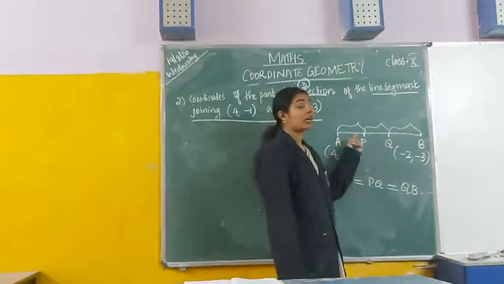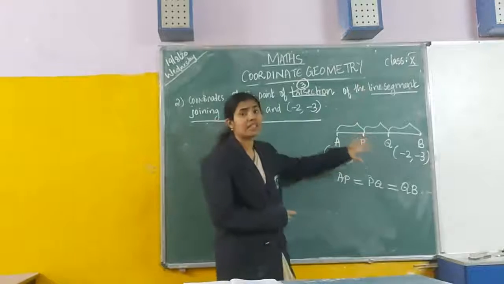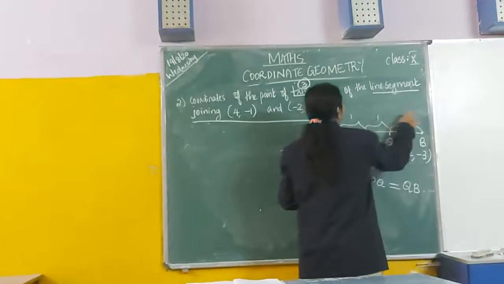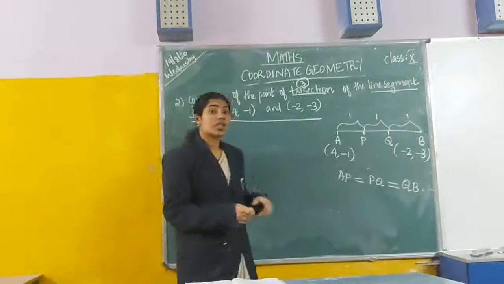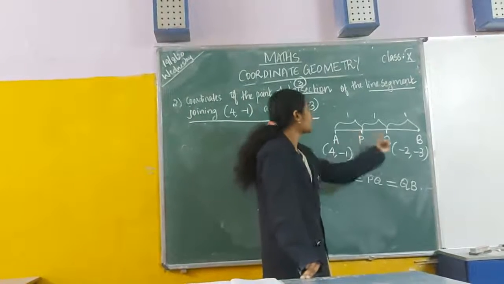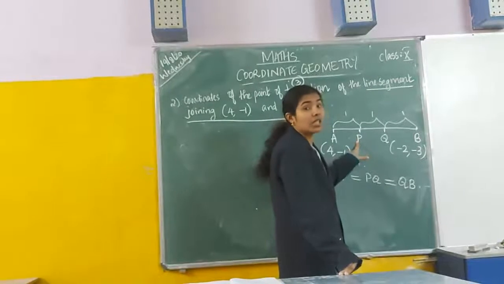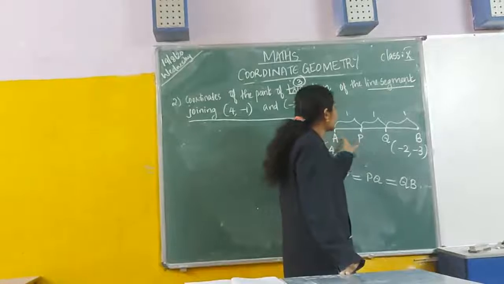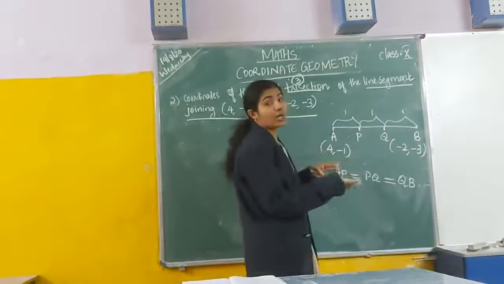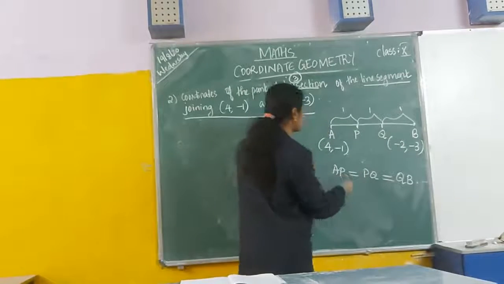Now, how to find the points P and Q? When you are seeing this line segment, each part is taken as just 1. 1 will be the ratio of P which divides this line segment AB. See this point P? P is dividing this line segment AB into 2 parts. Which are they?